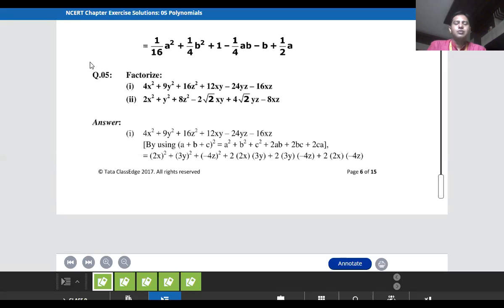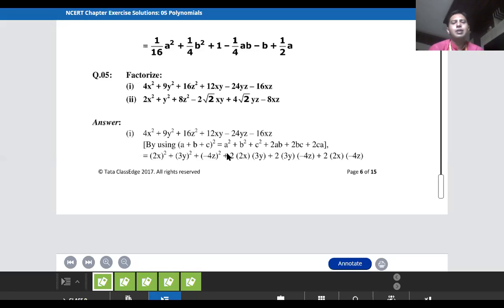That is, the value of c will be minus 4z, because in 24yz and 16xz the terms are negative. So check this, minus 16xz and minus 24yz. The z is negative, so it will be minus 4z. The 16z square is the square of minus 4z.